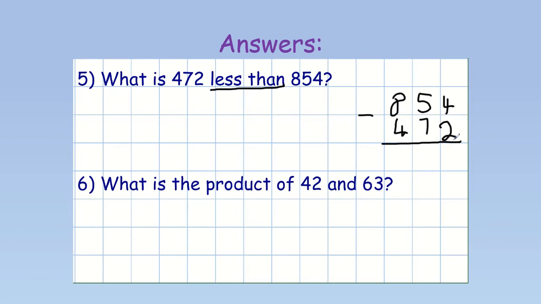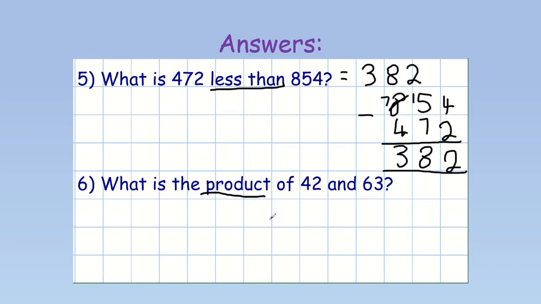Less than is a subtraction. 4 take away 2 leaves us with 2. 5 take away 7 I can't do, so I'll have to exchange. 15 take away 7 leaves us with 8, and 7 take away 4 leaves you with 3. So 472 less than 854 is 382.